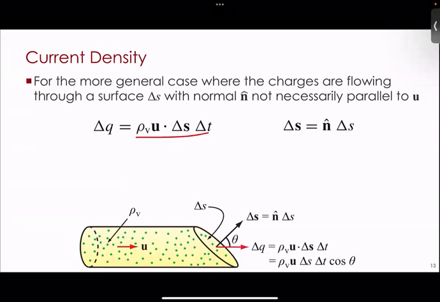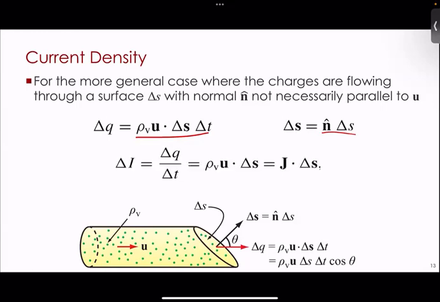We said the direction of the surface is normal to that surface. That's what the n hat is. And the non-bolded delta S just means the actual area of the cross-sectional piece.